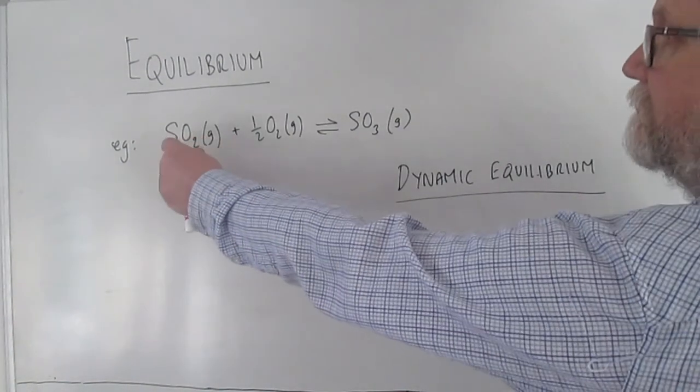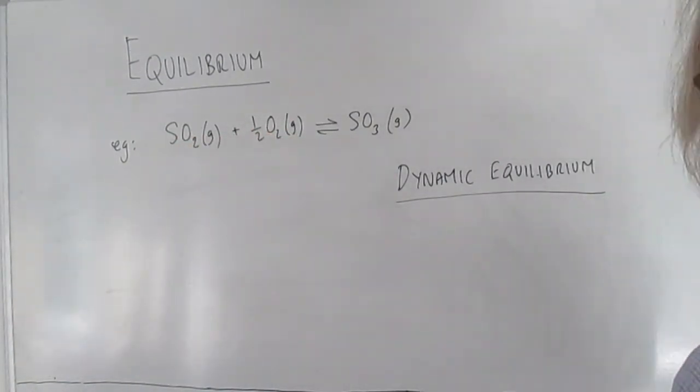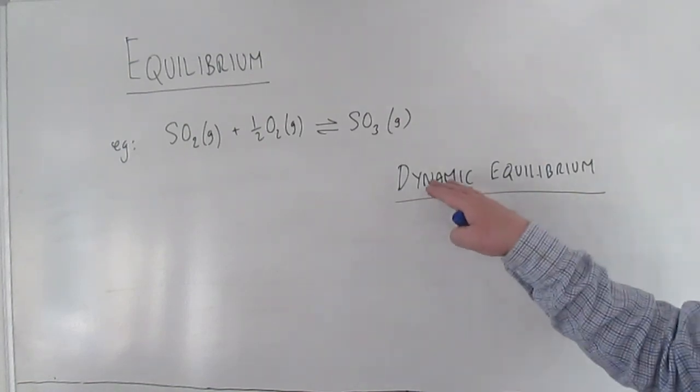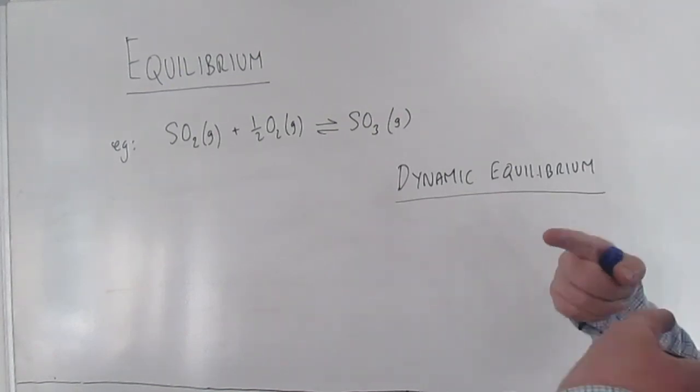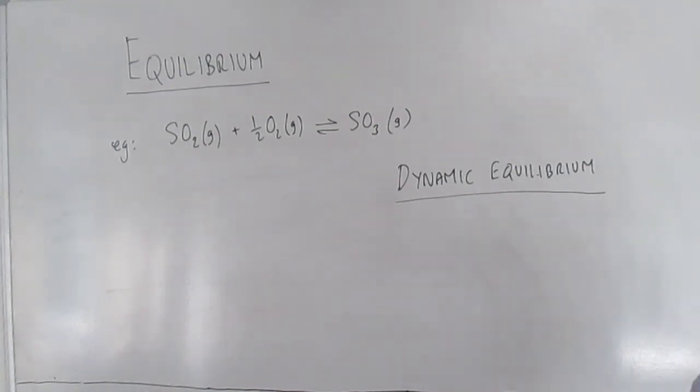So this is recreated as fast as it's destroyed, and that's why the concentrations stay the same. So dynamic equilibrium, that term is there to make the point that it isn't that nothing's happening, but you've got these two opposed processes balancing each other out.